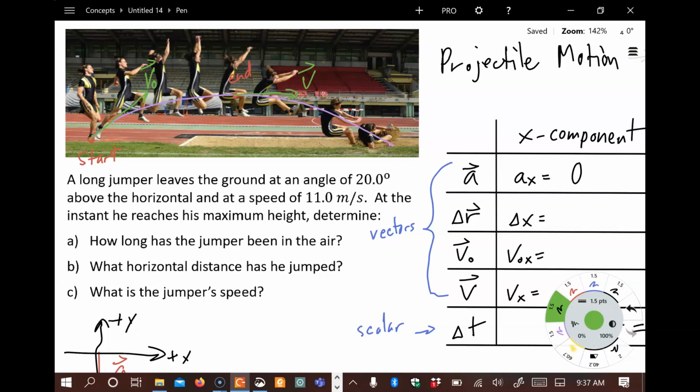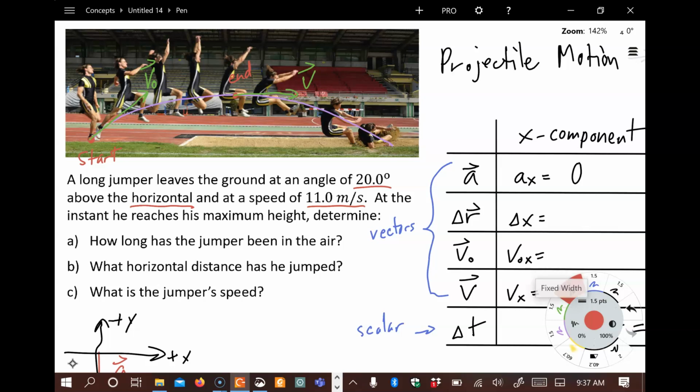Well, we are told some information here. So the long jumper leaves the ground at an angle of 20 degrees above the horizontal and with a speed of 11.0 meters per second. What does that refer to?